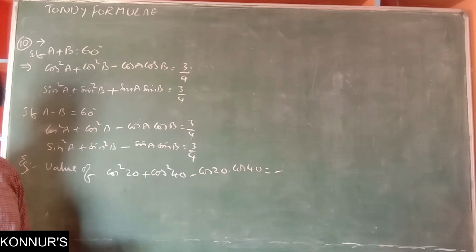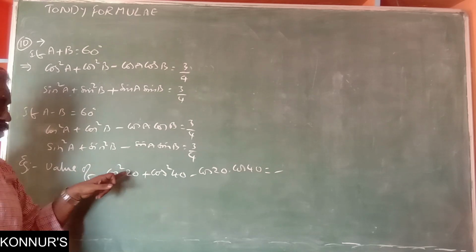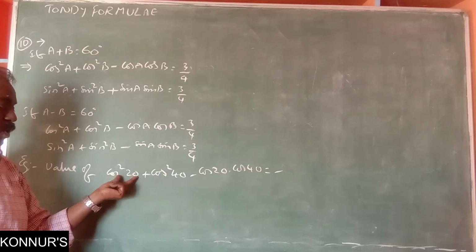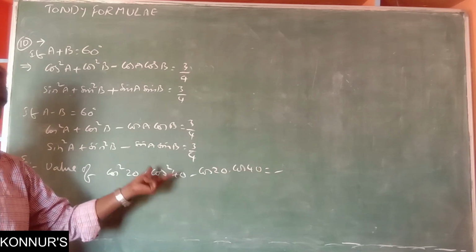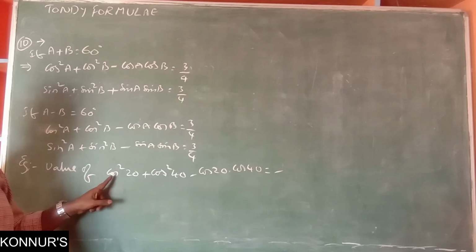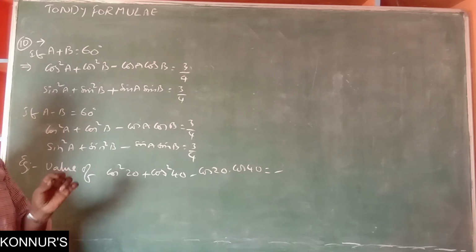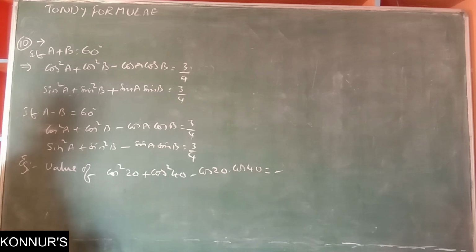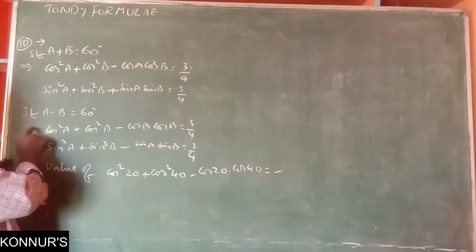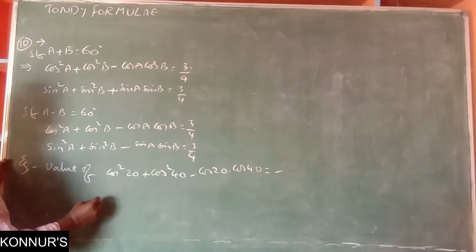Sometimes cos pi, 180 degrees, sometimes cos 15. How can you get the value of cos 20 and cos 40? Not possible. But the question is like that. At other times, certainly we will be confused. But by using this formula, we can find it.